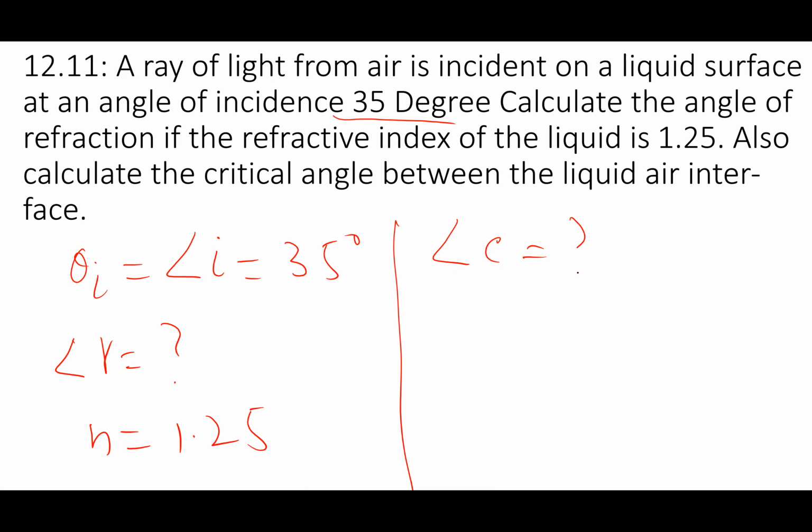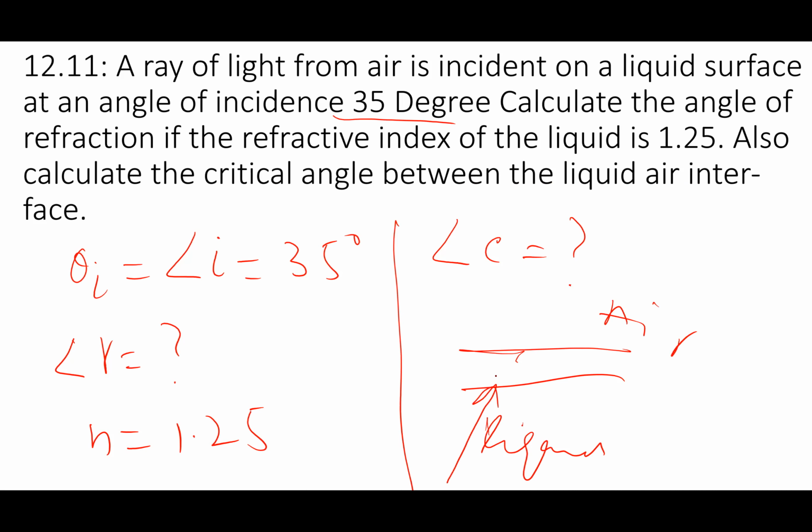Angle C, critical angle, between the liquid-air interface. This is liquid. In this region, air. So light is traveling from liquid into air.